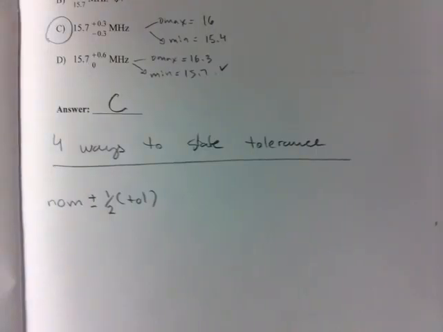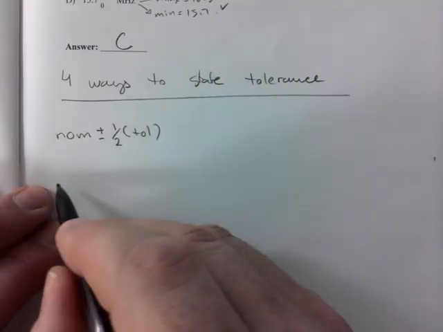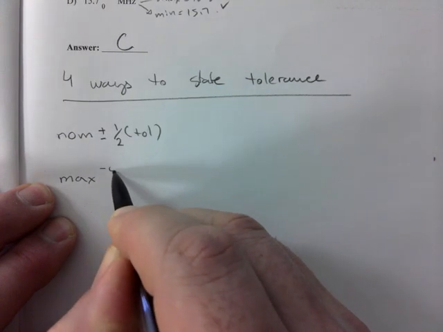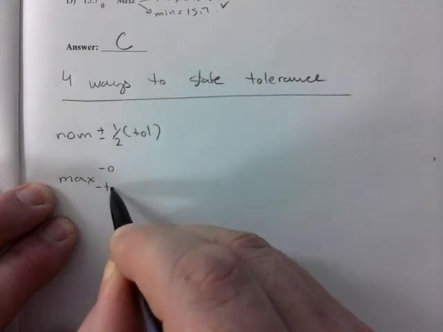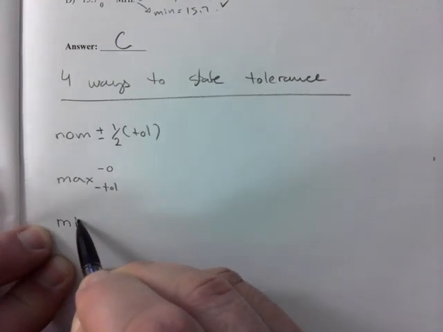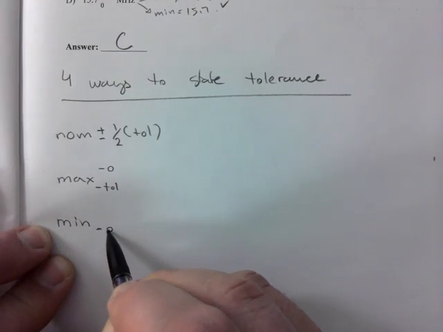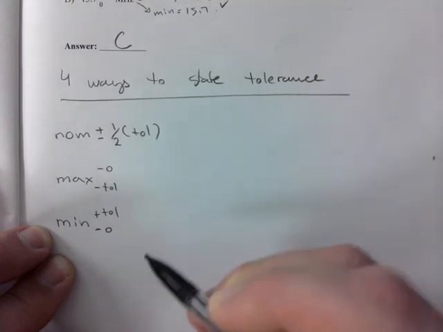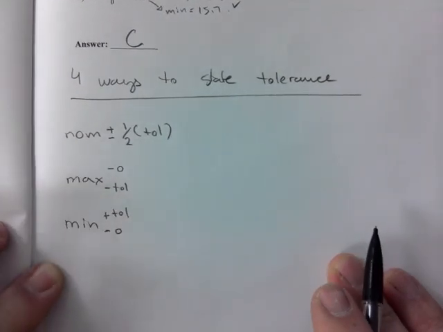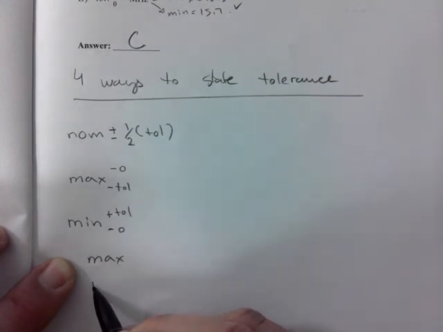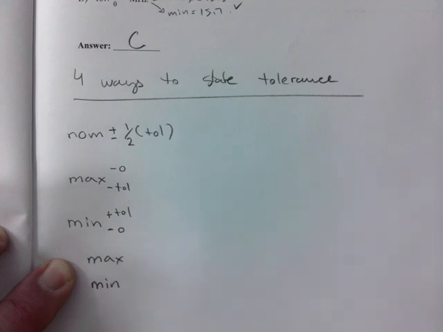The other one would be max plus 0 minus tolerance. The third one would be min, in no particular order, by the way, minus 0 plus the tolerance. And then there's the one where it's just max over min.